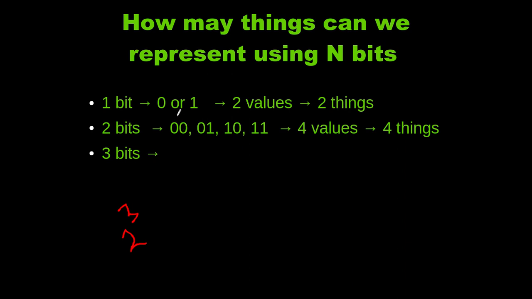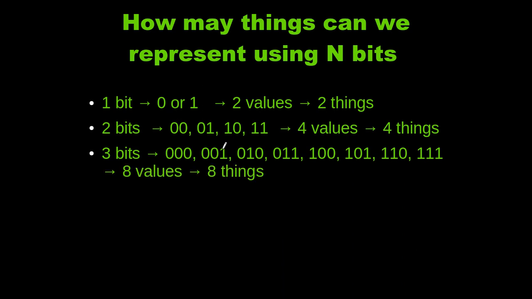Here, this is value 0, this is 1, this is 2, and this is 3. From 0 to 3, 4 values. Here from 0 to 7, 8 values. 4 bits, how many things can I represent? Here are all the possible values I can represent in 3 bits. In 4 bits I can represent 2 to the power 4, which is 16. In 5 bits, 2 to the power 5, 32 values.